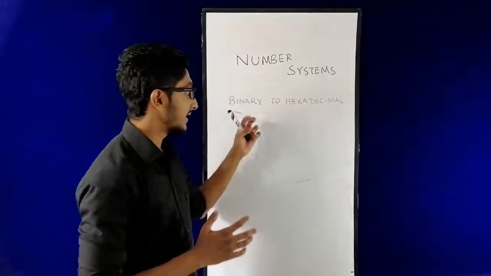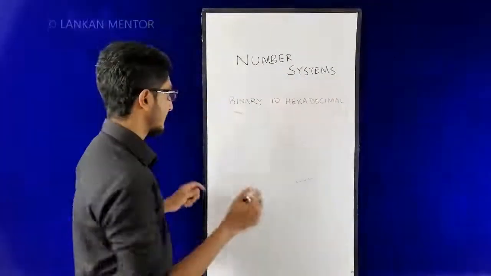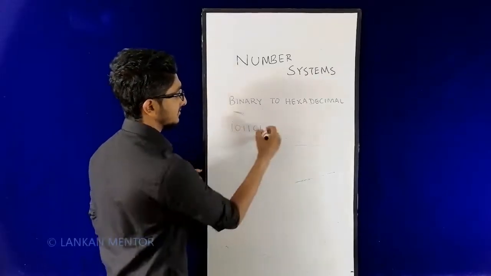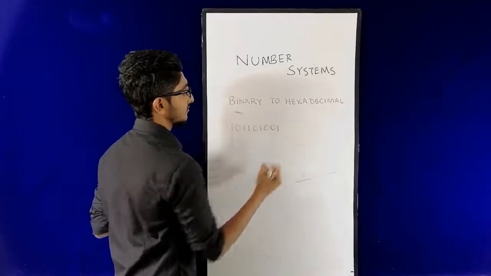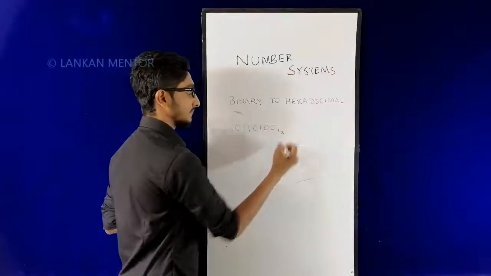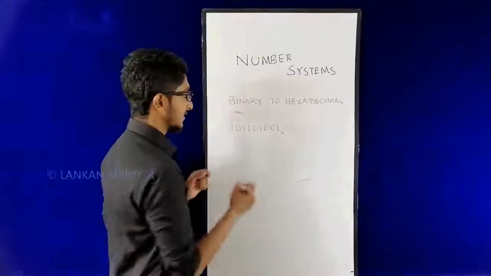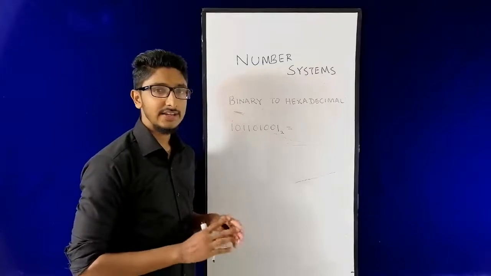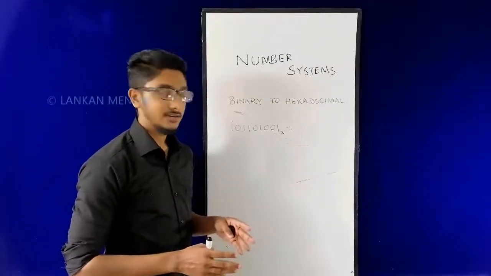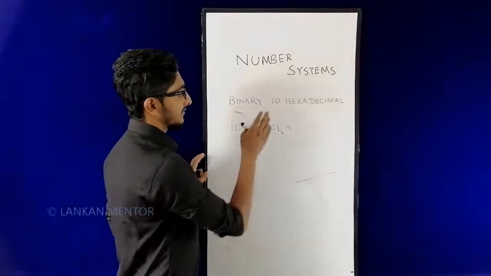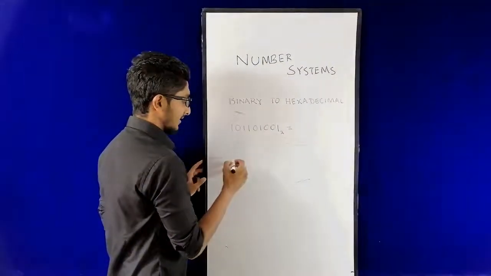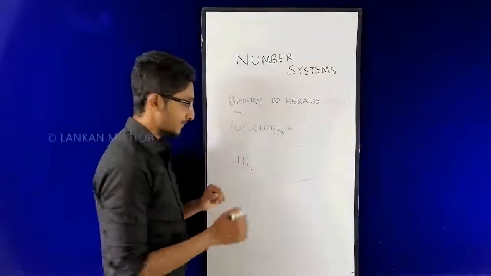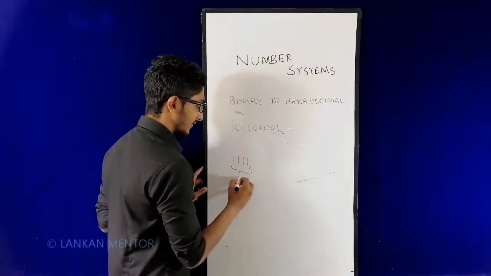Okay, we'll start with binary to hexadecimal. Right now, let's say I'll write a random binary number, 1011010001 base 2. Right now, this is a binary number. So, when you are converting binary to hexadecimal, it is very easy, right? Now hexadecimal digits, see, if you have 4 bits, then it is equal to 15.